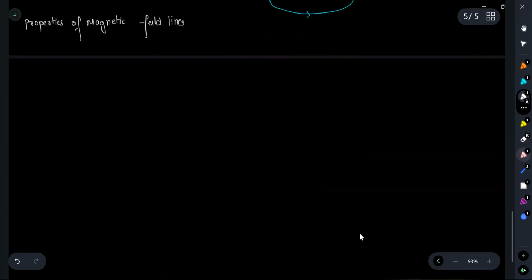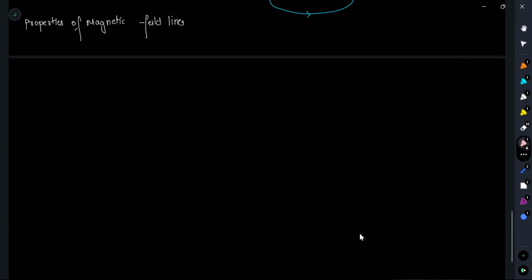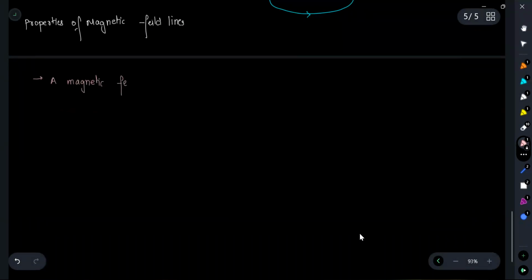So a magnetic field line, साथ में लिख सकते हो आप, is directed from north pole to south pole outside the magnet.